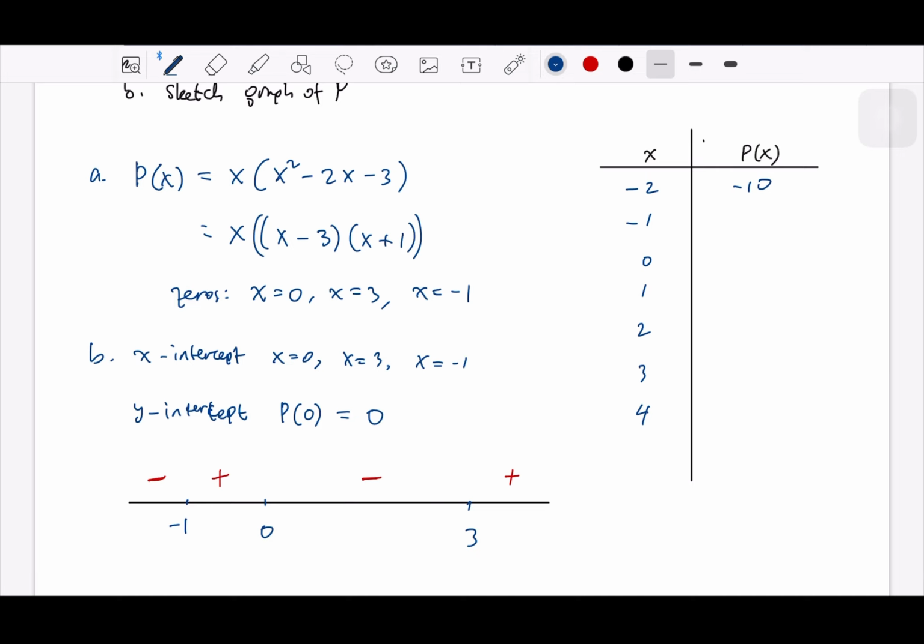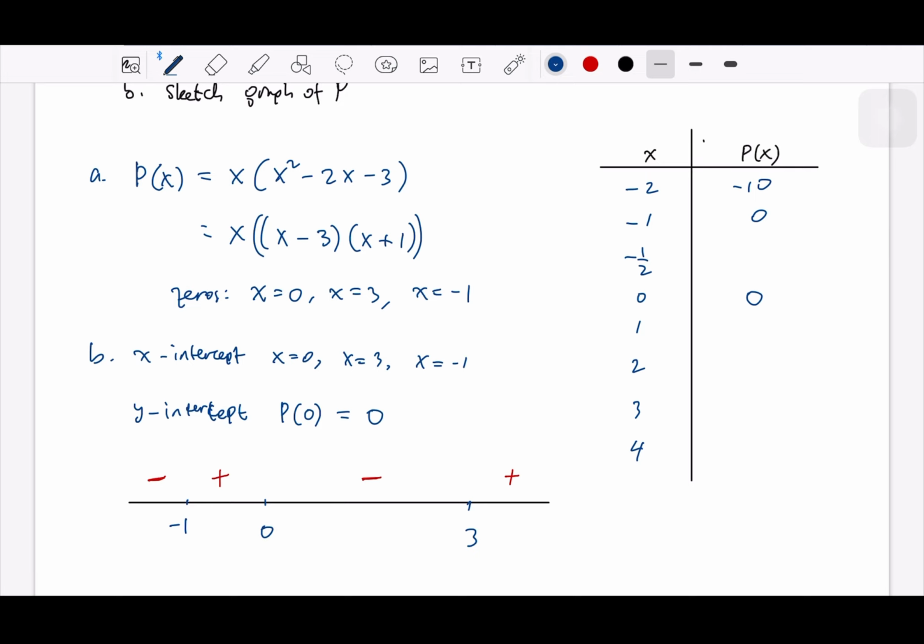At -1 it is 0, and at 3 it is 0. Because this has two zeros, we need to make another point, so we could take -half, as we assumed from the line number.